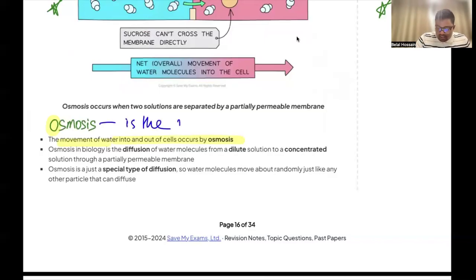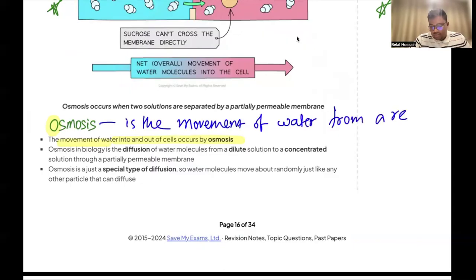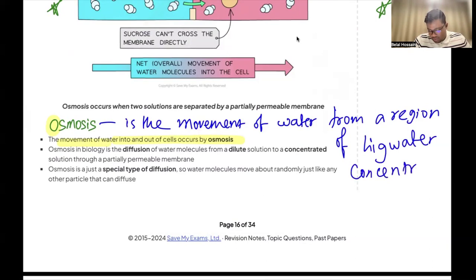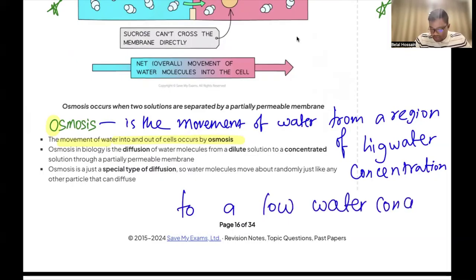Osmosis is the movement of water from a region of high water concentration to a low water concentration, down the concentration gradient, through a partially permeable membrane.